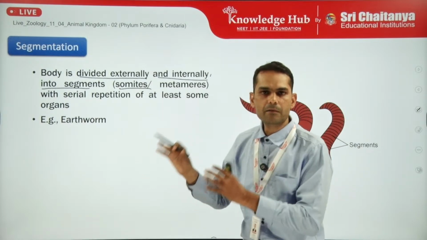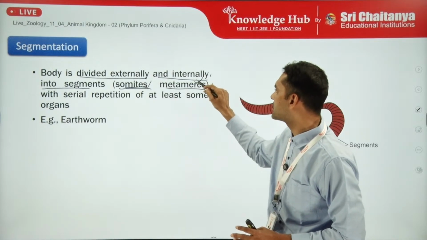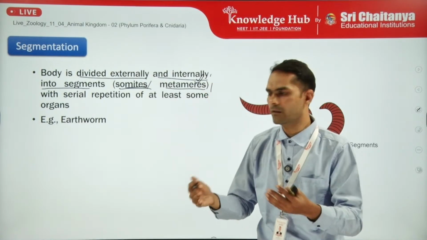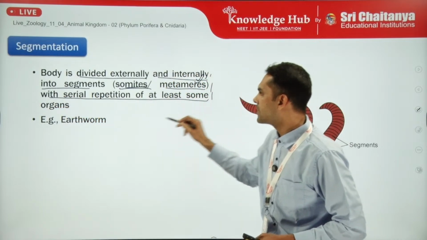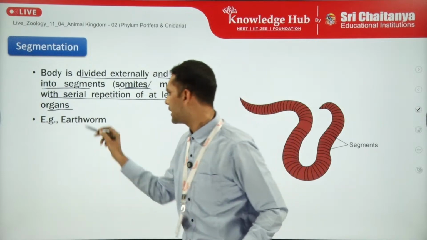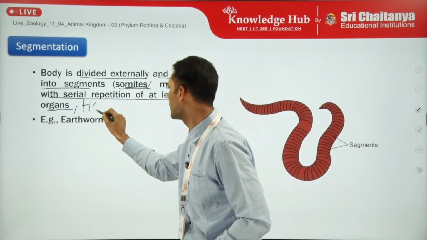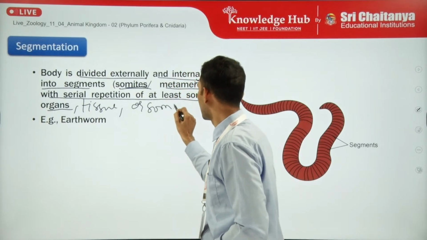Those segments can be termed as either somites or metamers. The latter one is the preferred usual term choice, with the serial repetition of at least some organ or maybe tissue or some structure, like you can write tissue here or some structure.